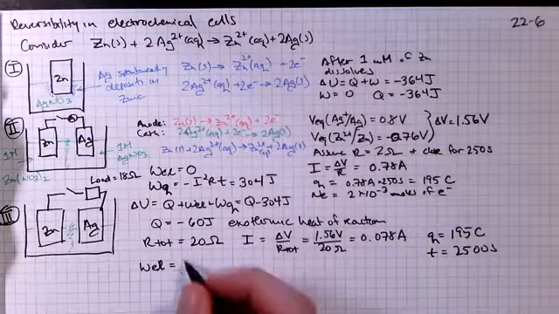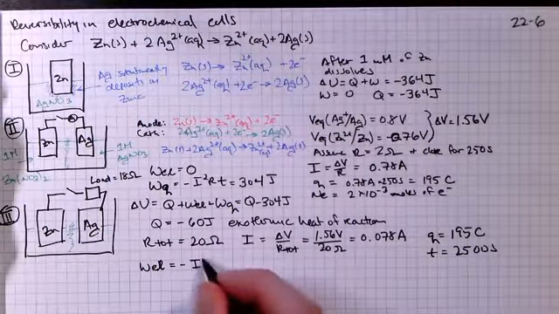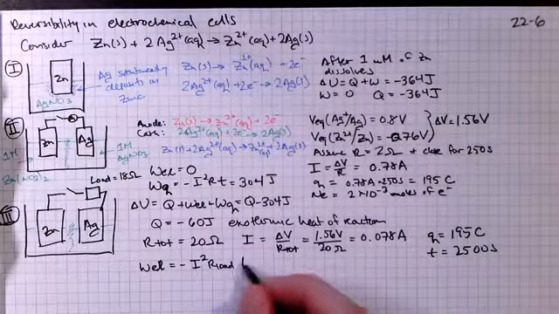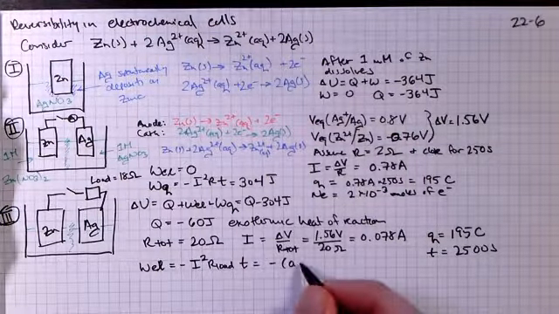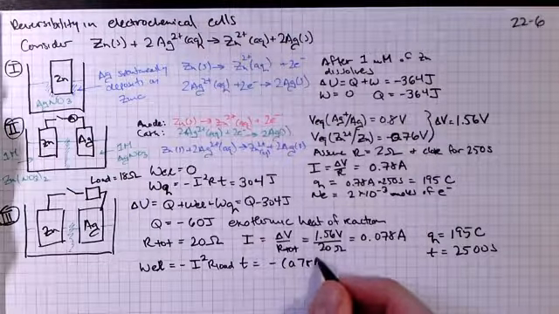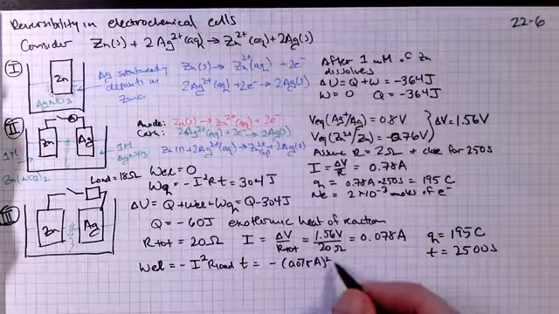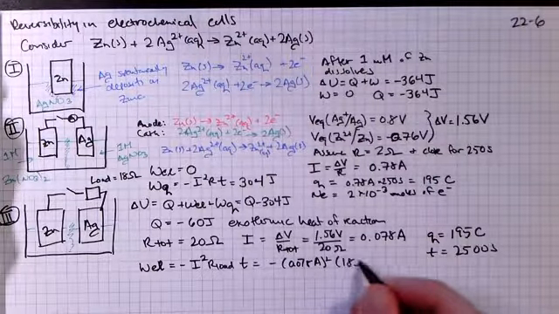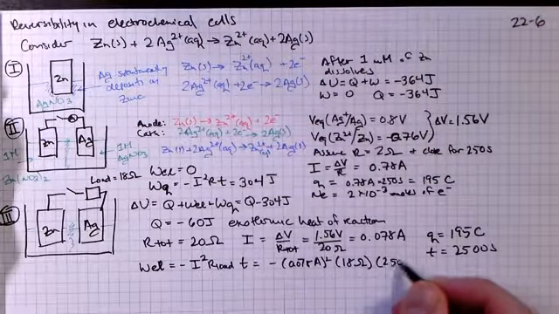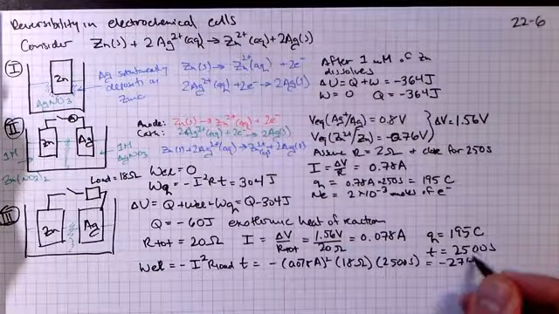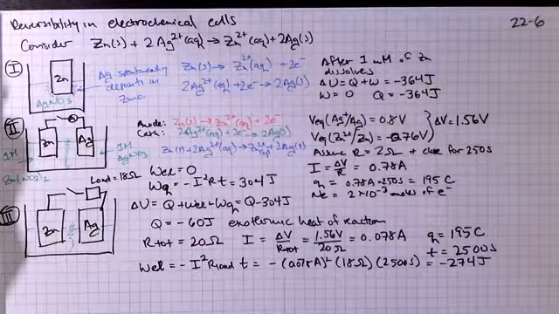It's going to be equal to minus I squared R load times time, so minus 0.078 amps squared times 18 ohms times 2500 seconds. That gives us minus 274 joules.